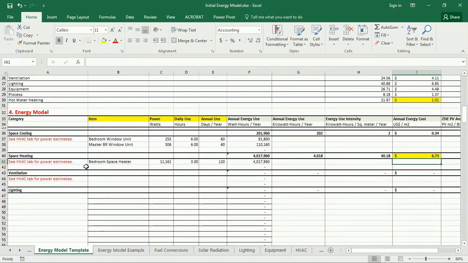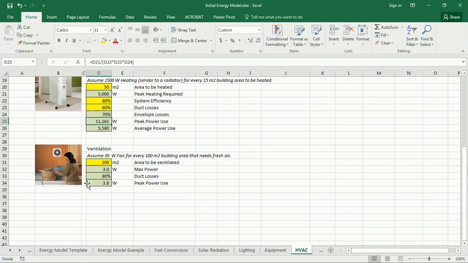Okay, and lastly, ventilation. Ventilation is this one here, and I should point out that this ventilation rule of thumb is just based on the amount of ventilation that you need for fresh air. It's not hardcore exhaust ventilation. It's not going to clean out a lot of the hot air and replace it with cooler air.